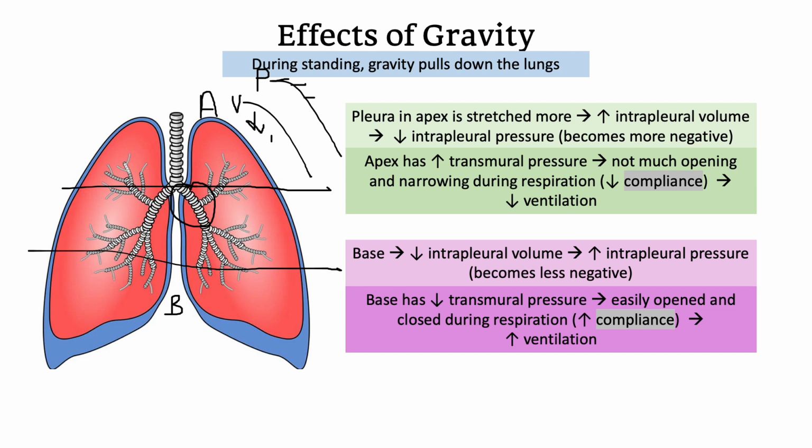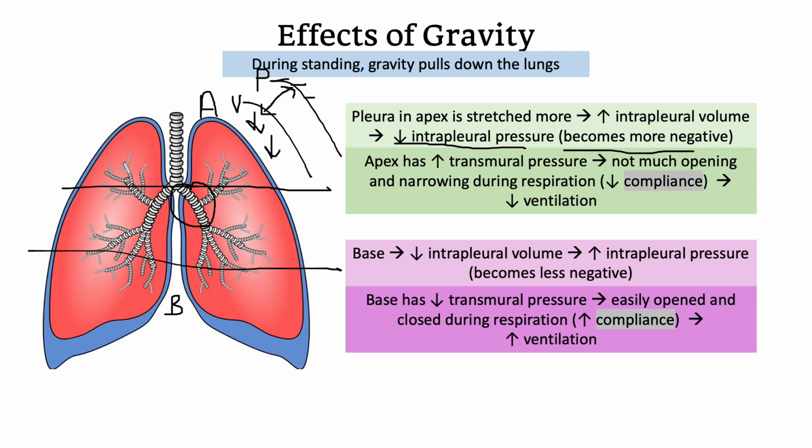So meaning that the visceral pleura will go down a bit, and thus we are actually increasing the volume of the intrapleural space. So when we increase the volume of the intrapleural space, the intrapleural pressure will decrease. So here it becomes more negative. Okay. So what happens when it becomes more negative?